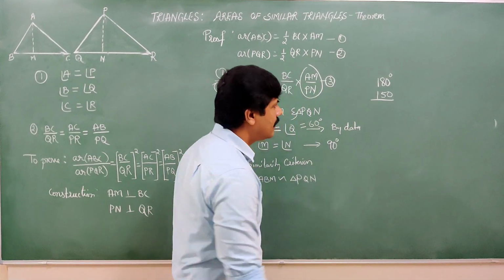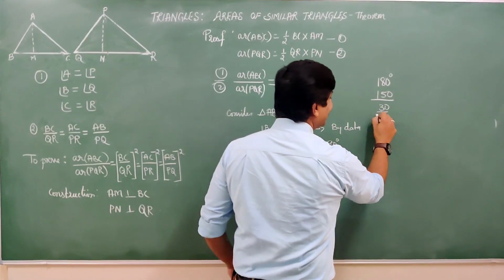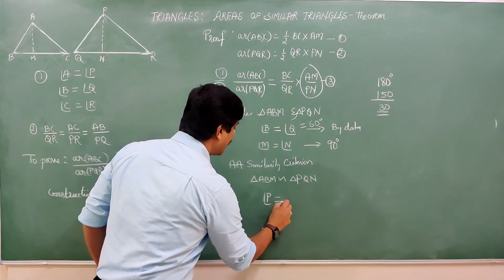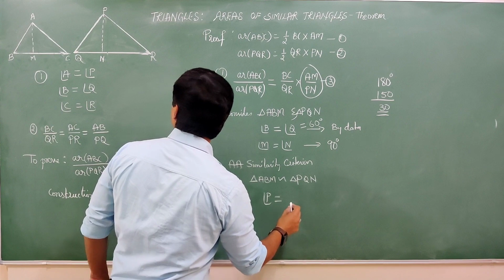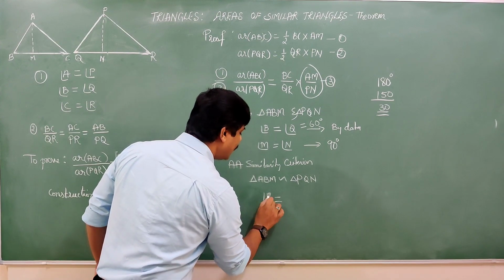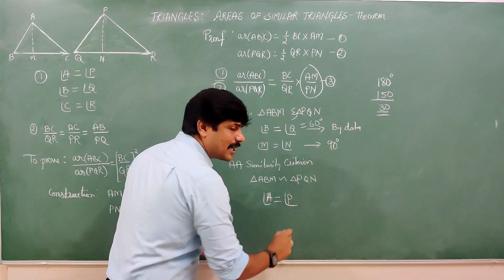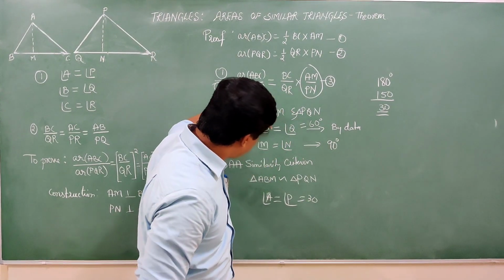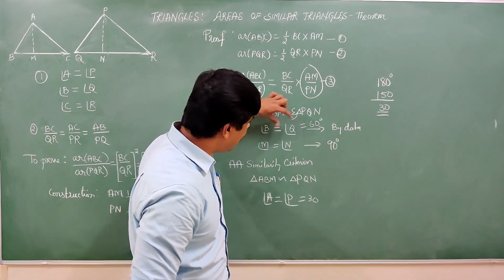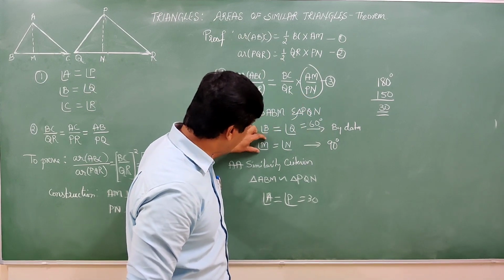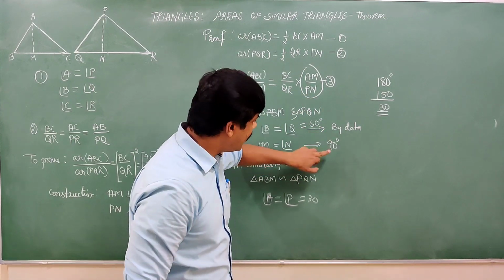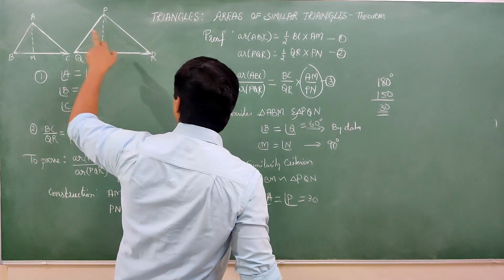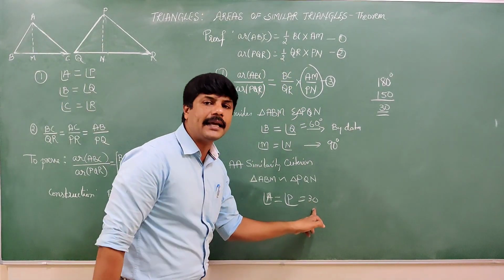What is left? Left is 30. This 30 degrees must be angle A and angle P. For example, angle B 60 degrees, angle M 90 degrees, 90 plus 60 is 150, so angle A must be 30 degrees.